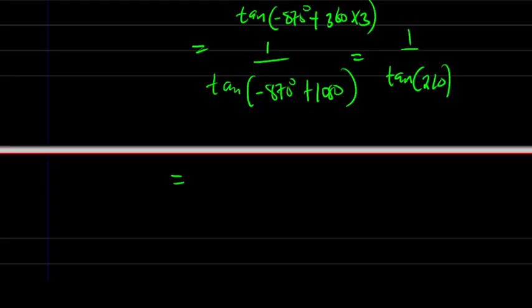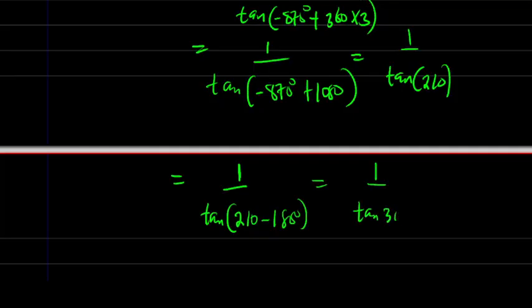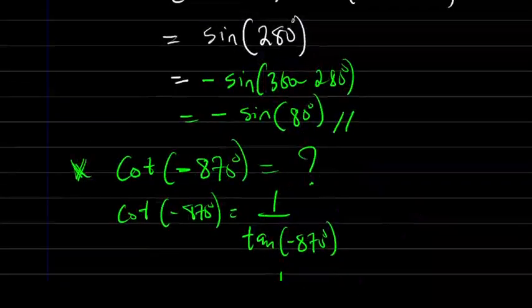So we have 1 over tan of 210 minus 180 degrees, which is 1 over tan 30 degrees. So finally we have cot 30 degrees. That's just it, without wasting any time.